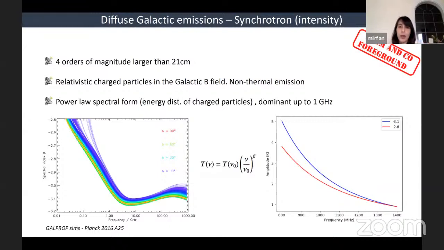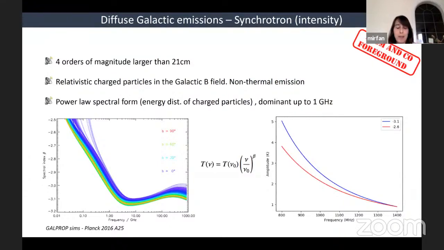So your charged particles propagate through the galaxy, following the magnetic field lines. This is a non-thermal kind of emission. Now, the energy distribution of these charged particles is very well modeled as a power law, and therefore we can model synchrotron emission quite well as a power law. So that's what you have down there, and you see that we've got a power law with a spectral index.